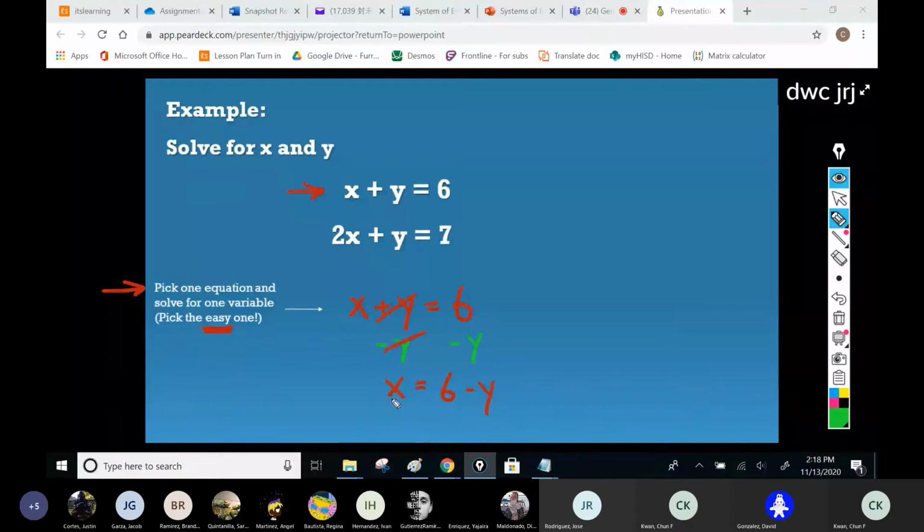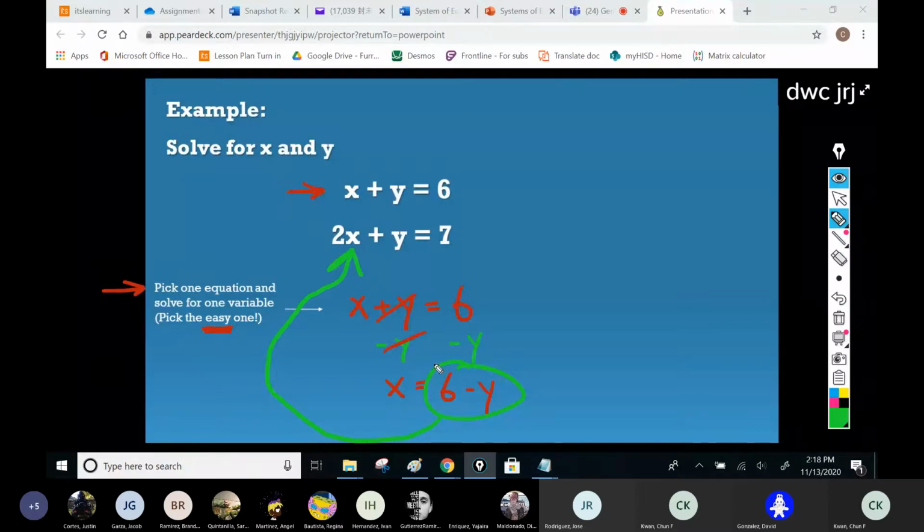All right, now that we know x is 6 minus y, I'm going to take this and plug it back into the other equation and then replace x.